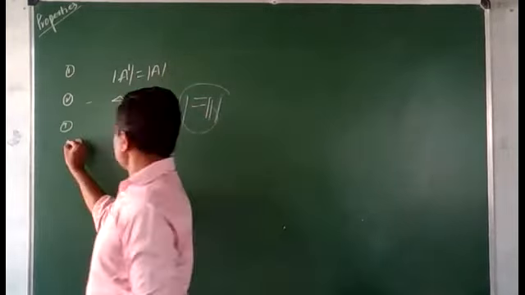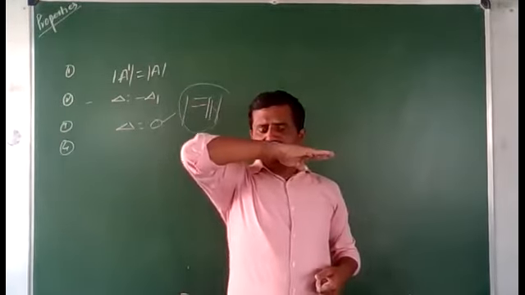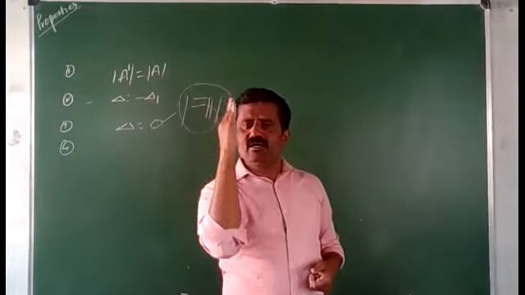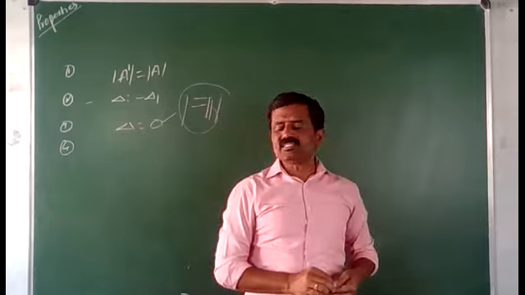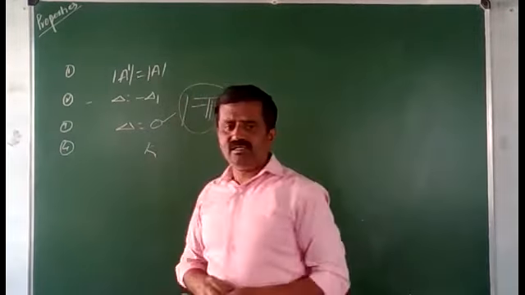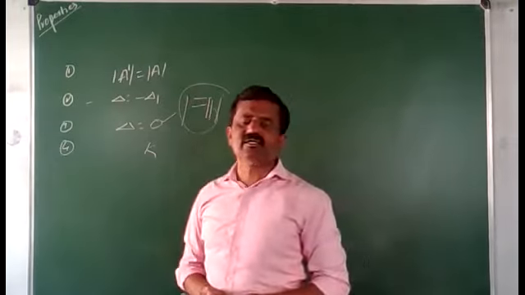Next, fourth one we have: if each element of a row or column is multiplied by a constant k, then the value of the determinant is multiplied by k.